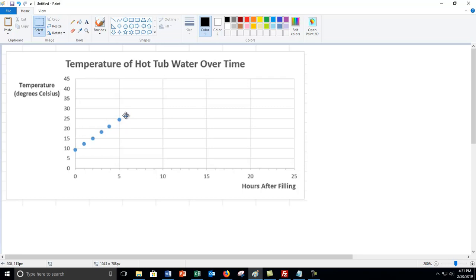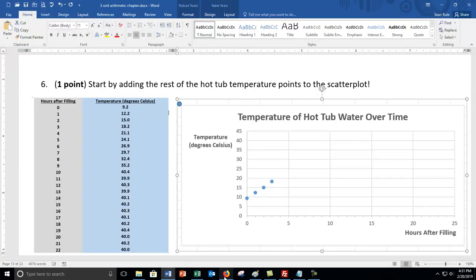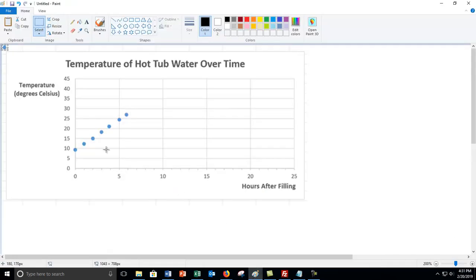It's going to be about there. 7 is 29.7 degrees. 7, 29.7, it's about right there.